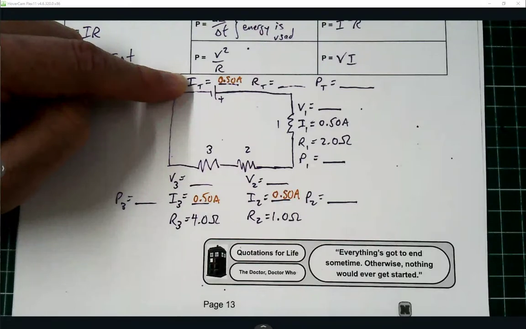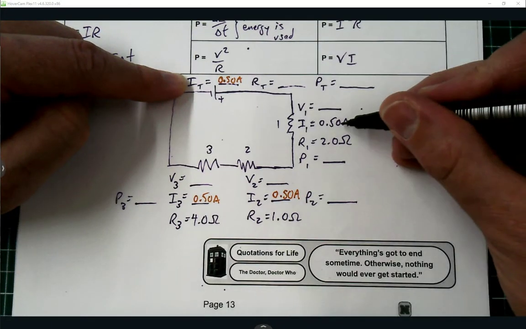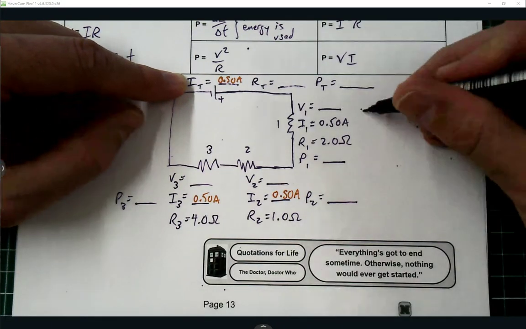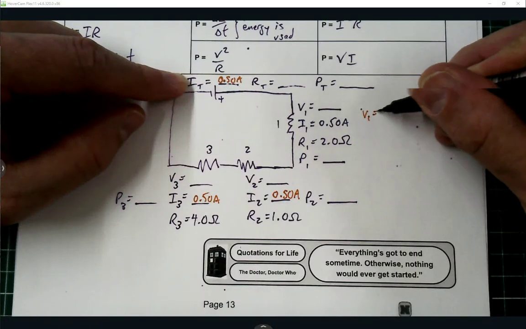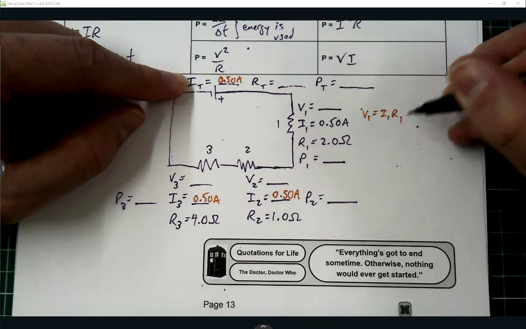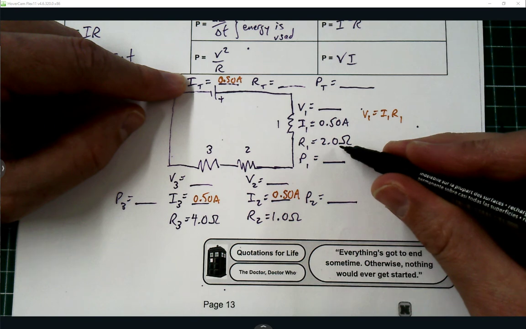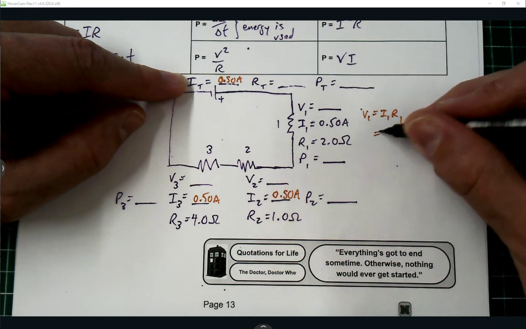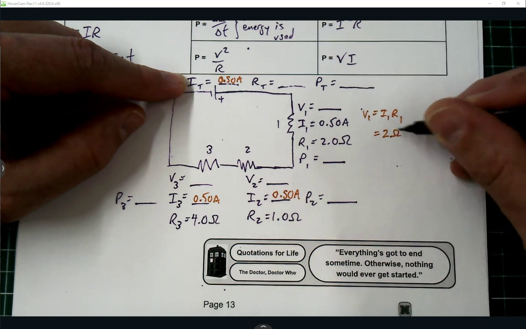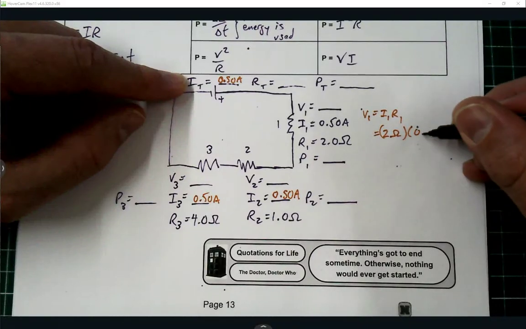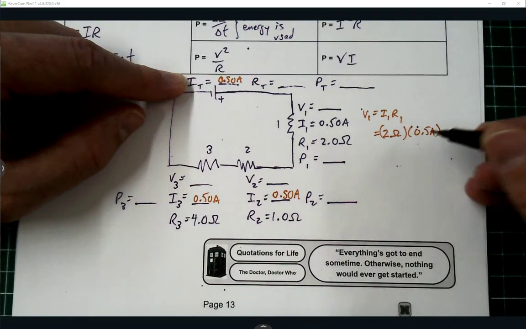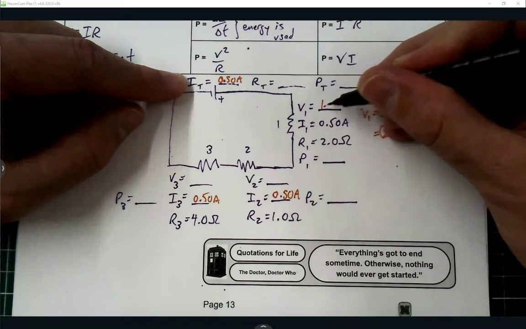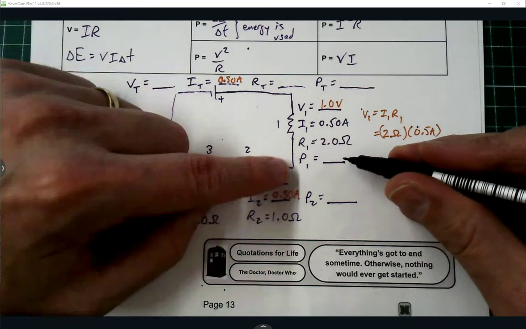Now, another thing that would be true is that Ohm's law is a thing. And so V1 equals I1 times R1: 2 ohms times 0.5 amps. 2 times 0.5 is 1, so 1.0 volts.